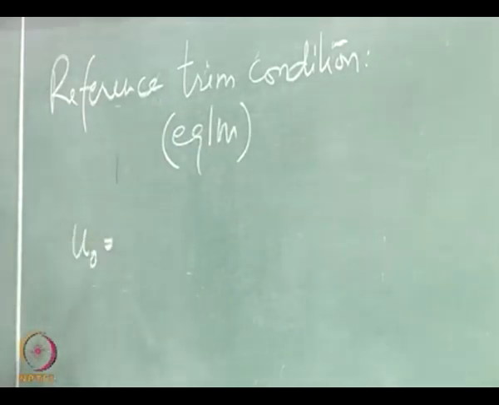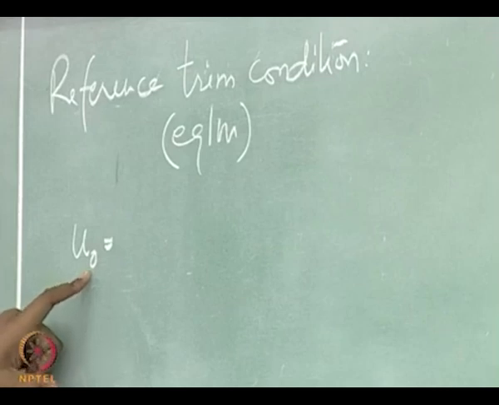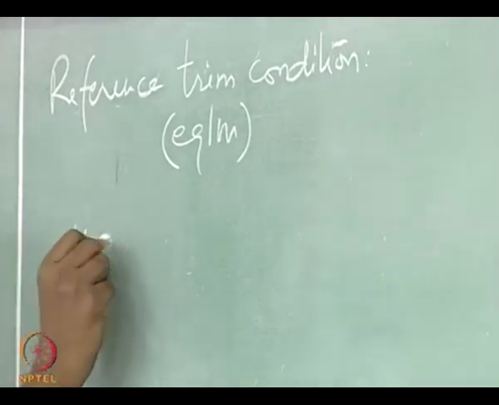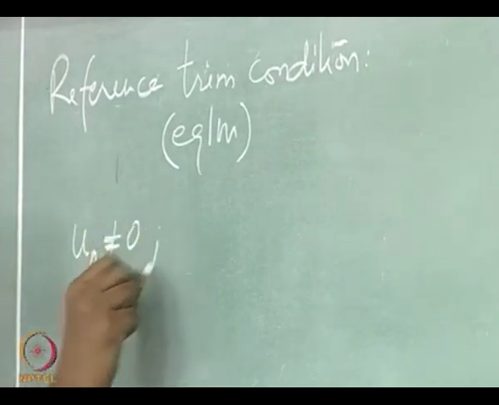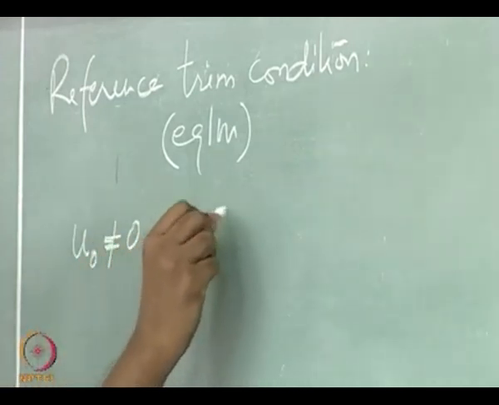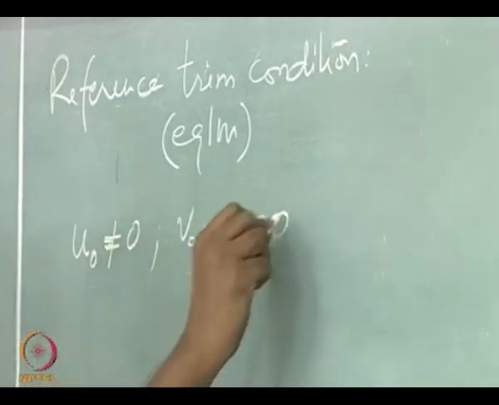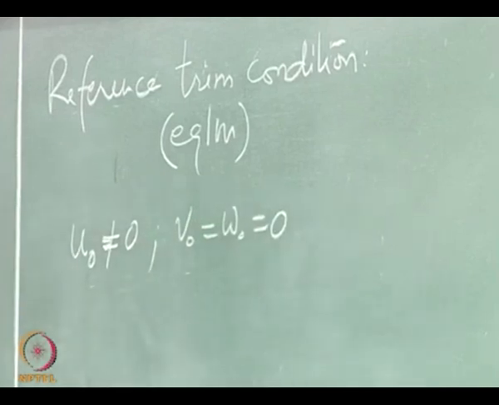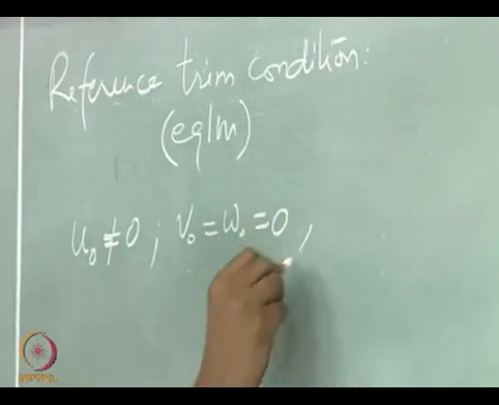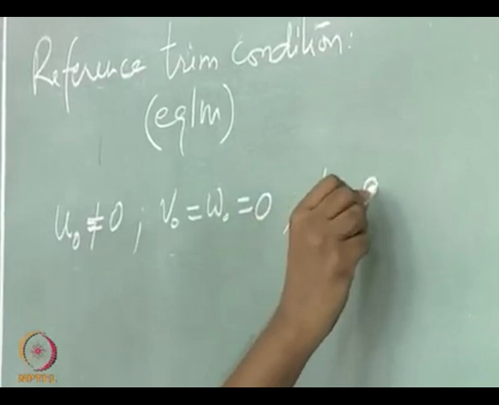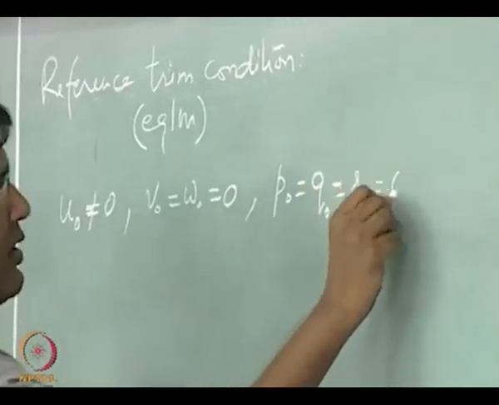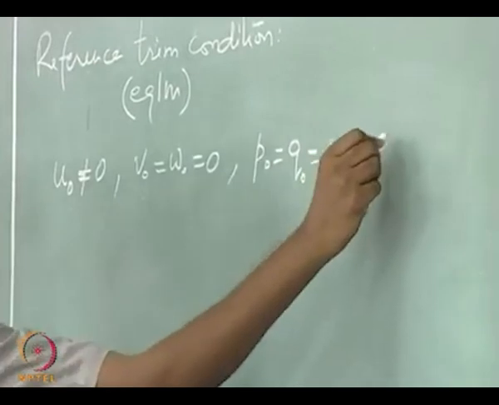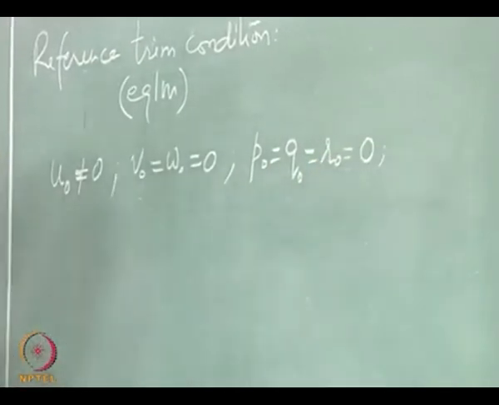And we are denoting our equilibrium condition with the subscript naught. So, u naught is non-zero, other two velocities are 0. Rates are all 0.